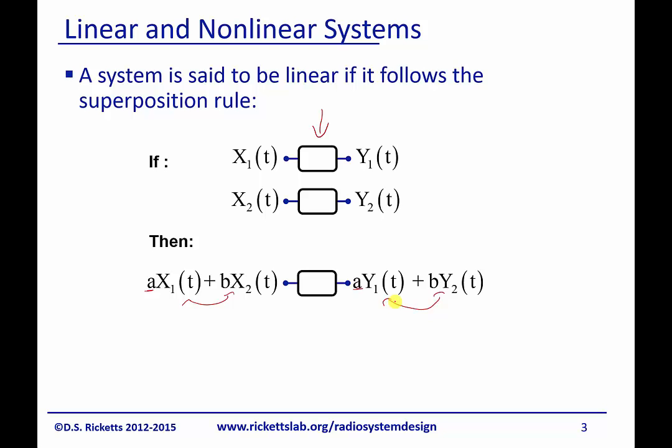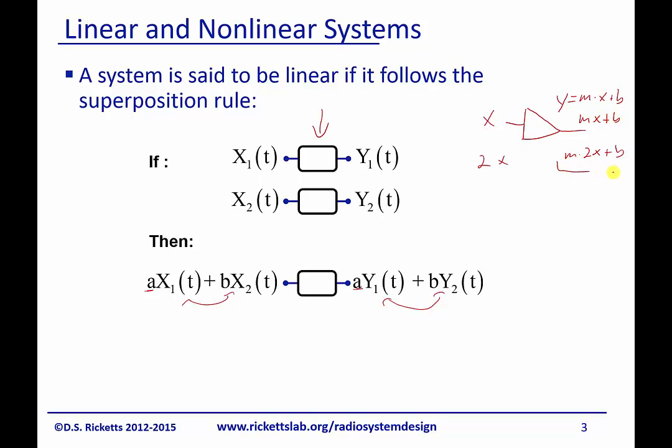Now if you notice, just as an example, if I have an amplifier where the output equals m times x plus b, where x is the input, you'll notice if I put in 2x, I'm going to get m times 2x plus b. If I put in 1x, I'm just going to get mx plus b.